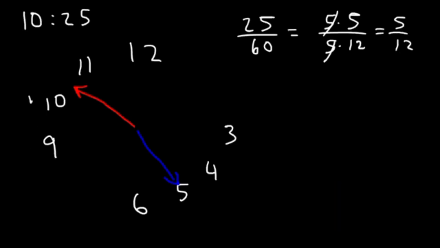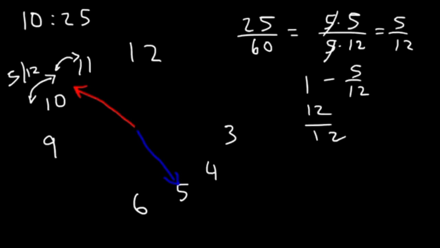Therefore, between the hour hand and 10 is 5/12 of 30 degrees. And between the hour hand and 11, that's going to be 1 minus 5 over 12, which is 12 over 12 minus 5 over 12. So that's 7 over 12. So 7/12 of 30 degrees is the angle between the hour hand and the 11th hour.